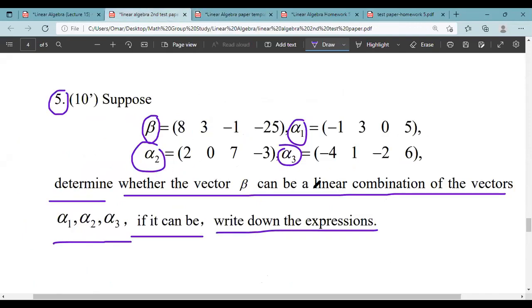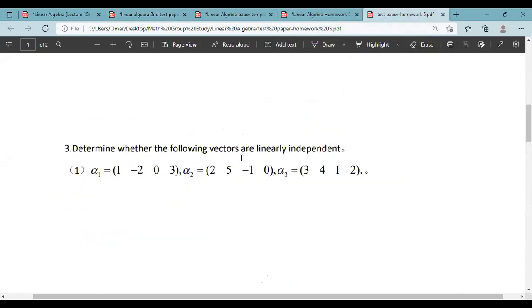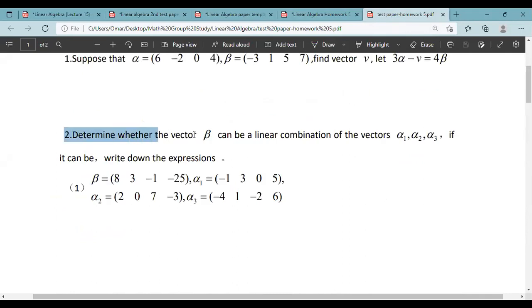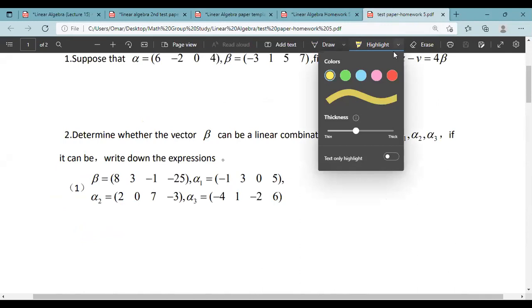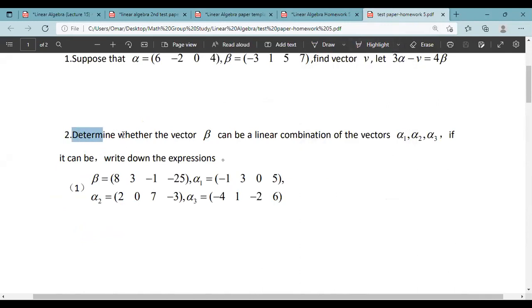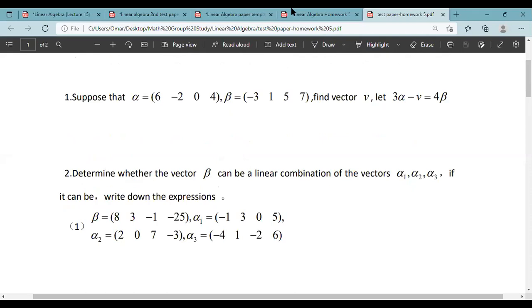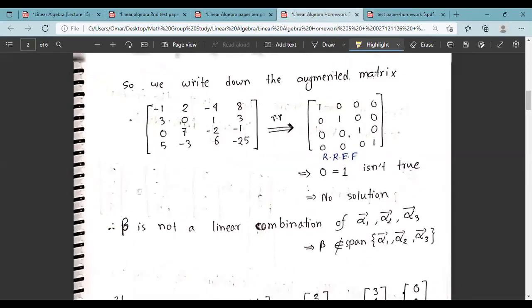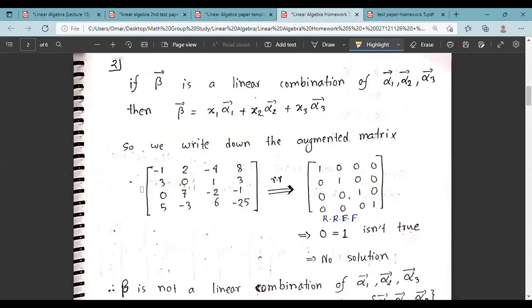Determine whether the vector beta can be a linear combination of the vectors alpha 1, alpha 2, and alpha 3. Yeah, it is similar to this question, okay? If it can be, write down the expressions. So it is number 2, the first question, in homework 5, okay?